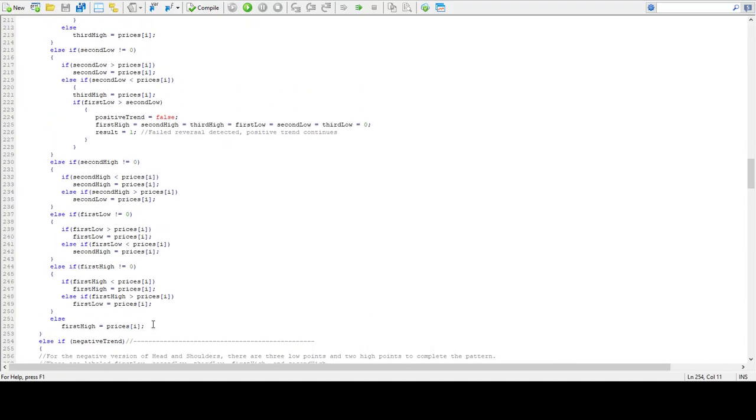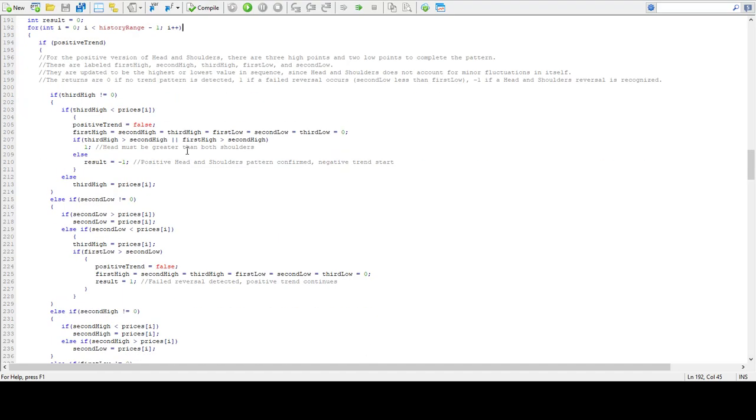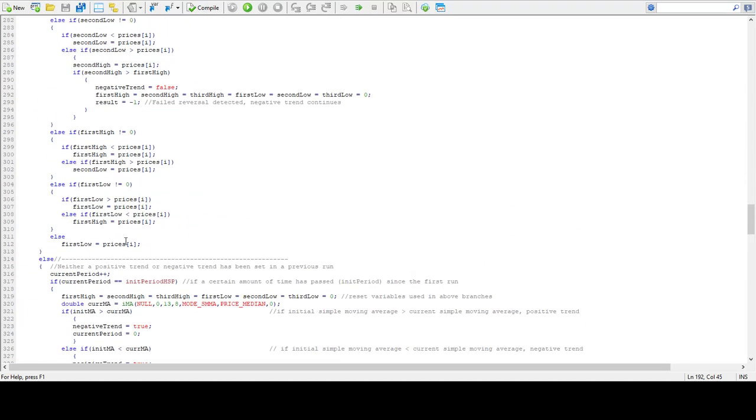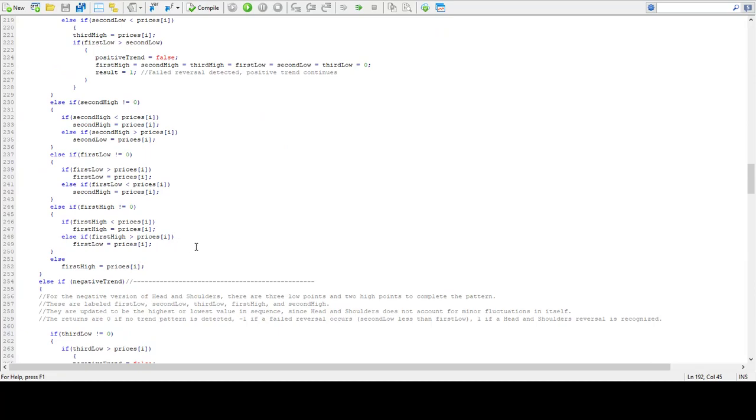In the first case, this variable is set, and then the next time it goes through, this is all in a loop that runs as many times as the history range optimization input is set to. So the first time it always goes down here to get the trend, and then it starts going into either of the branches.